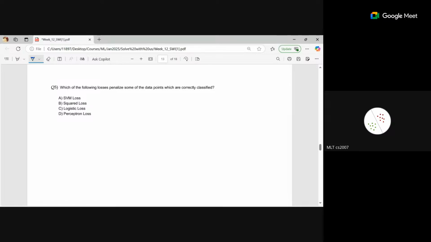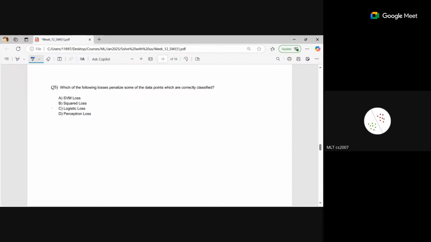What do you think? Squared loss, even SVM and logistic also, I think. SVM doesn't penalize correctly classified points, only the margin violations and misclassified ones.